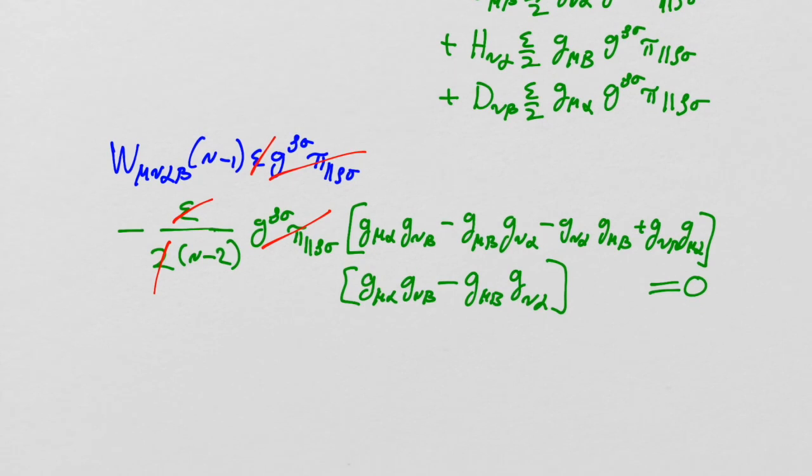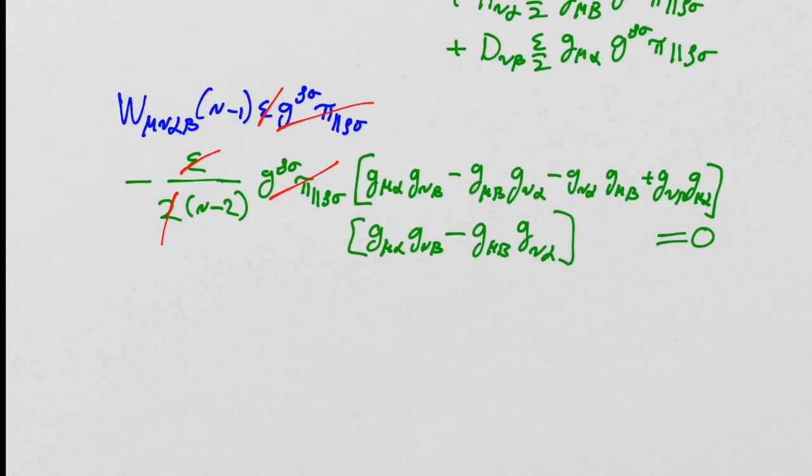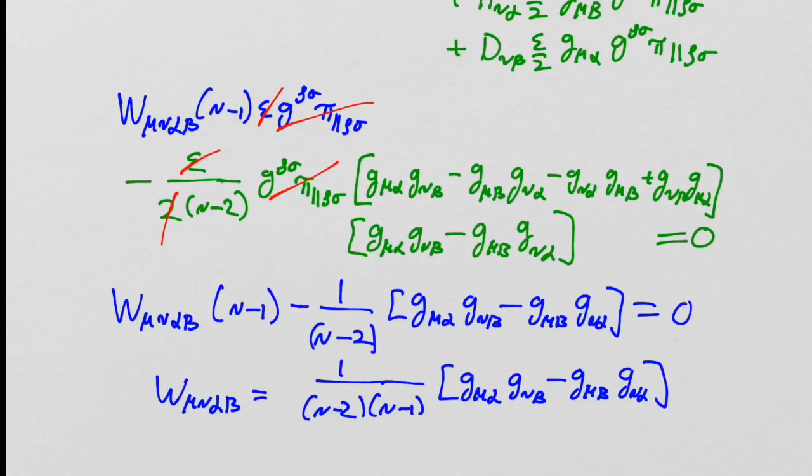So what's the final result for this thing? And this is my calculation for the final result. This tensor, if you get rid of all these terms, you end up with this expression, which equals 0, and then you just solve for this tensor, and you get this 0,4 rank tensor is just this combination of the tensor product of the metric. And that combination is actually pretty interesting.